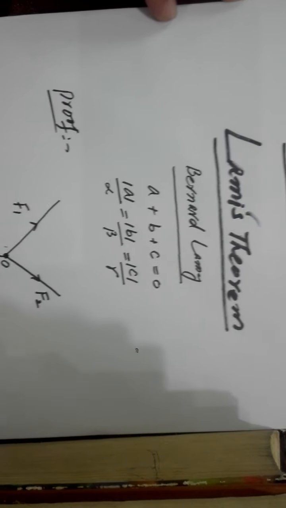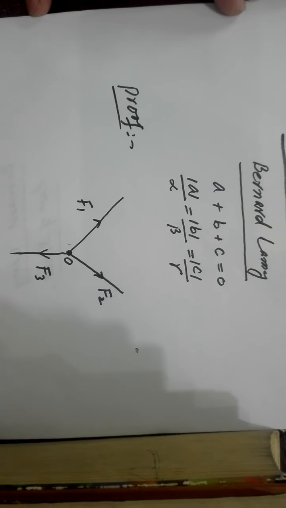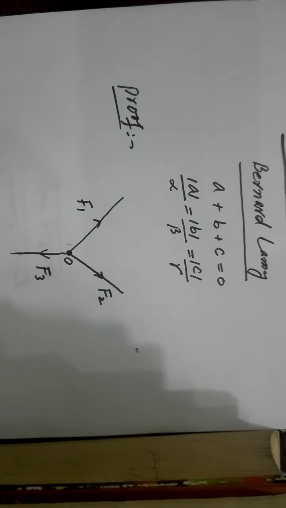Now, what is Lami's theorem? Well, according to Lami's theorem, if three forces acting at a point are in equilibrium, then each force is directly proportional to the sine of the angle between the other two forces.